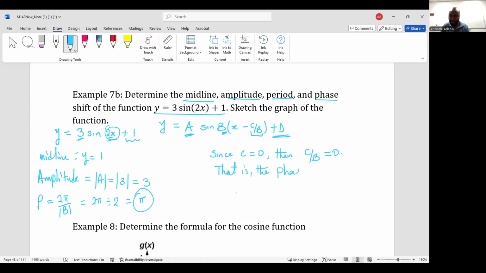The phase shift is 0. Put differently, there is no phase shift. And what that means is that the function is starting where it's supposed to start.